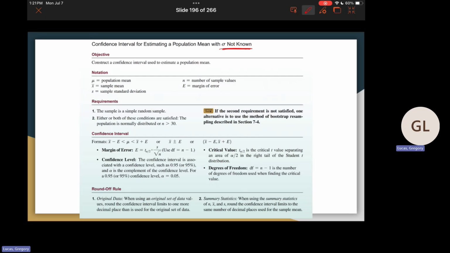Degrees of freedom we'll see in a second. It's a method we'll need to understand to use our chart, but it's very simple in this case. You're just subtracting 1 from whatever our n is.